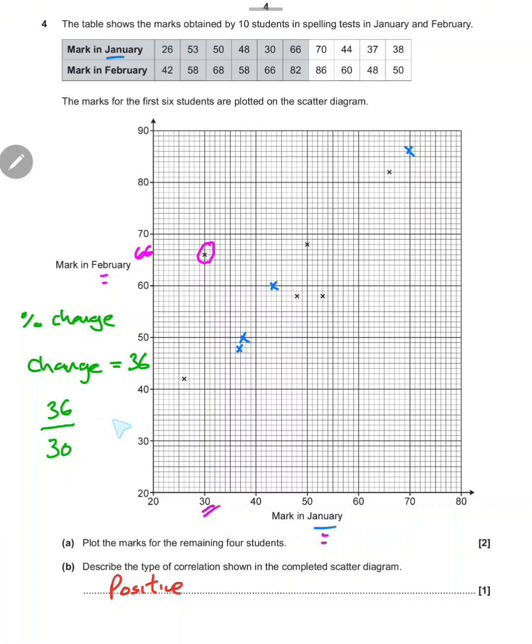And if I can change that to a percentage, I've got the percentage change. This is quite a nice fraction because if we divide top and bottom by 3, then we get 12 out of 10. And if we multiply top and bottom by 10, we get 120 out of 100. The percentage change is 120%.